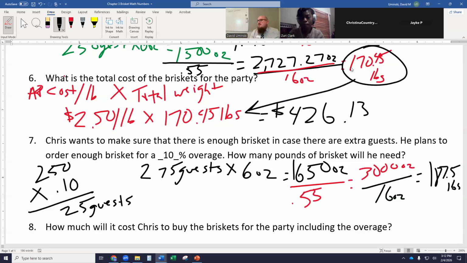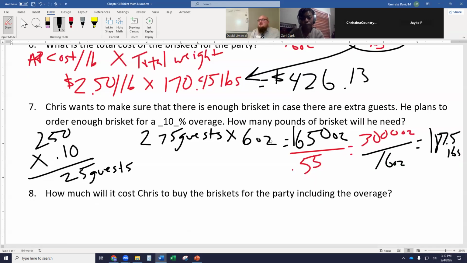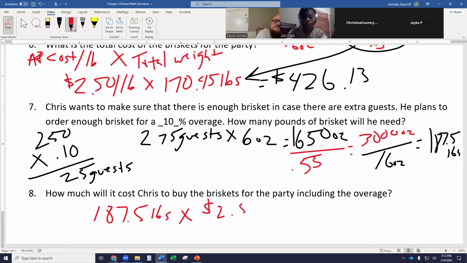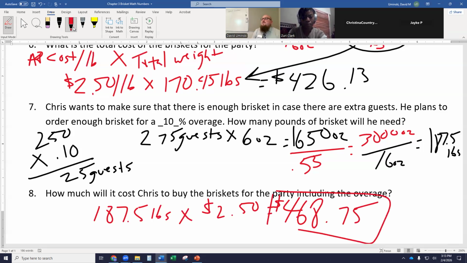You could have, but this way gives you extra practice in the steps of costing out, going from the number of guests. So 187.5, and then how much will it cost to buy the briskets for the party, including the overage? Again, we just go back and do 187.5 pounds times $2.50. It's $468.75. Okay.